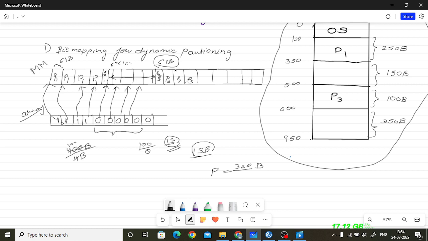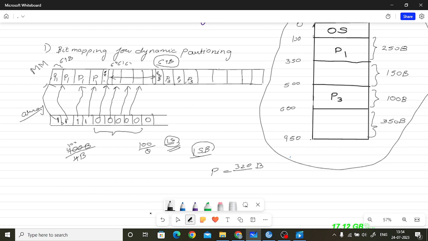This condition can exist for all the processes. They are going to acquire half of the allocation unit, and in the array it will represent that it has acquired the full allocation unit. So this is a problem in the bit mapping method for dynamic partitioning.